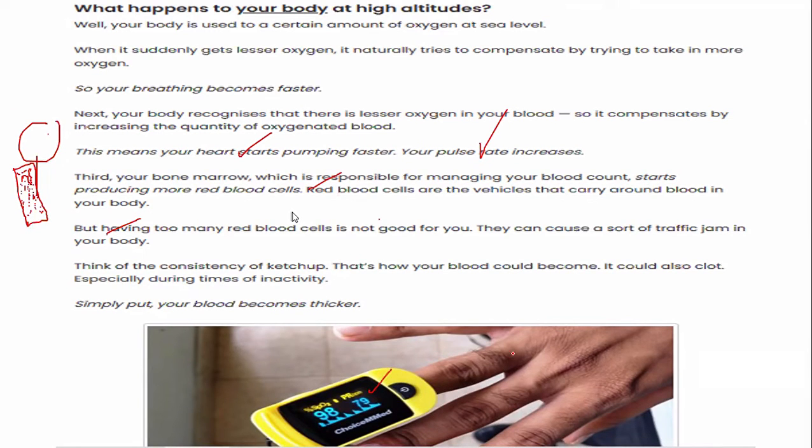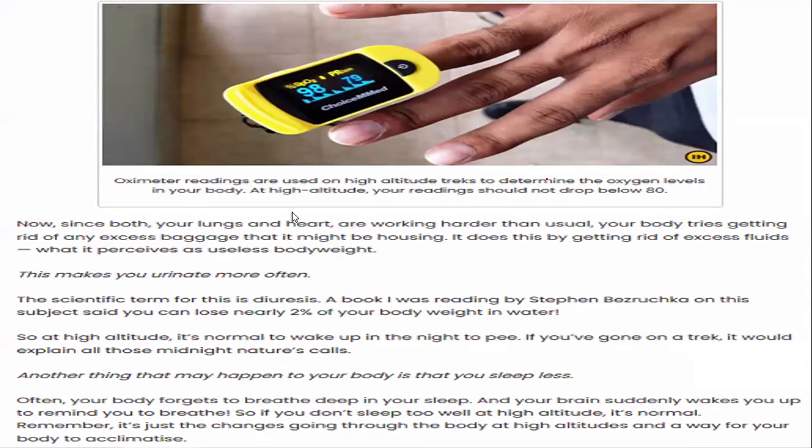Oximeter readings are used on high altitude treks to determine the oxygen levels in your body. At high altitudes, your reading should not drop below 80.